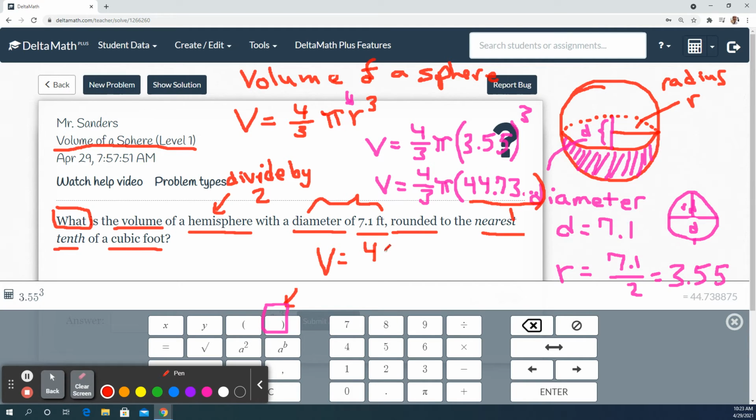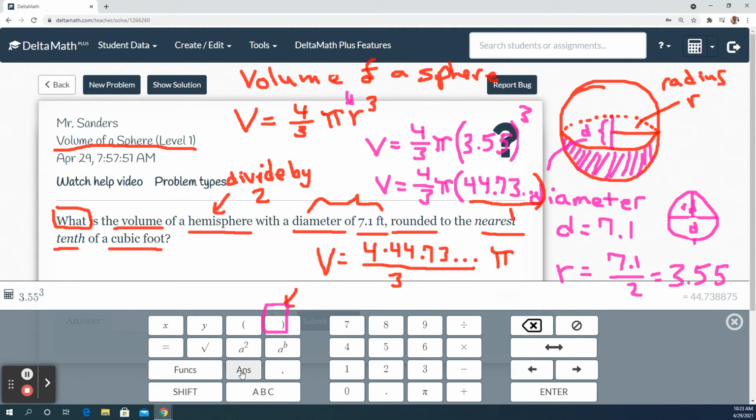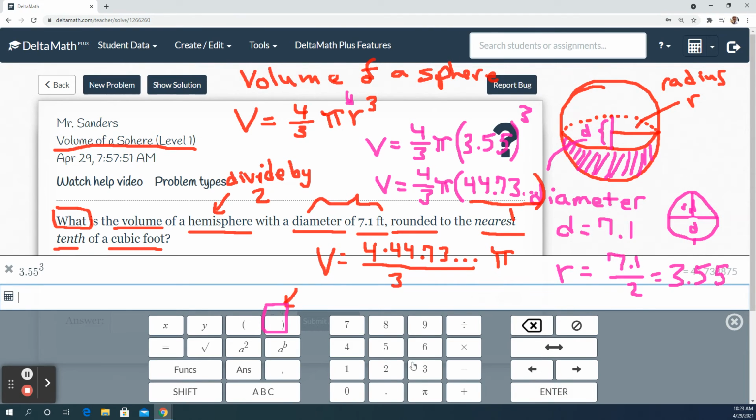So I would say 4 times 44.73... divided by 3, and then we still have a pi at the end. Let's see, where's my answer? There it is right there.